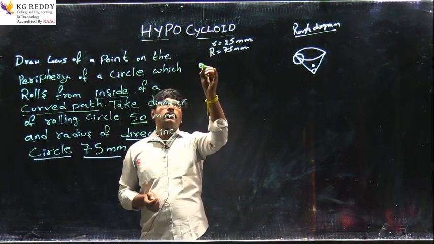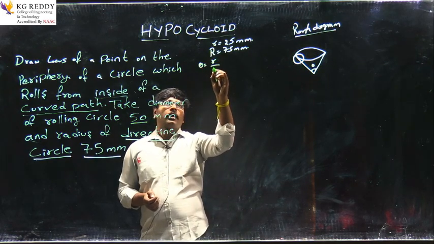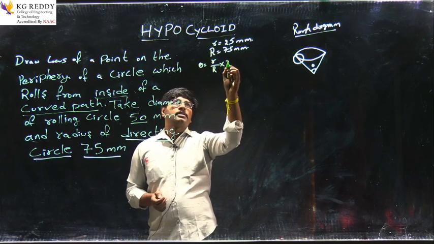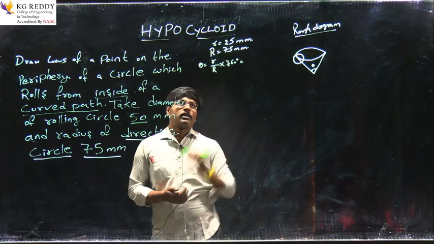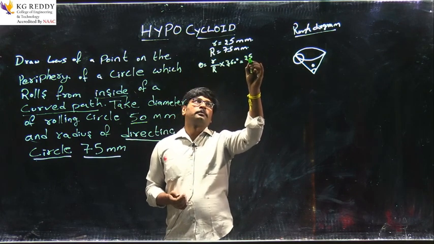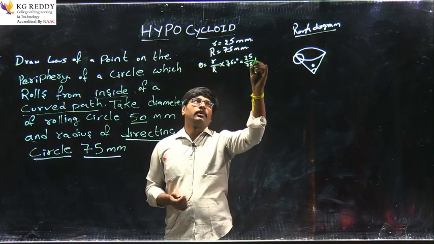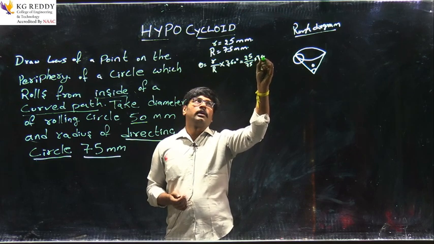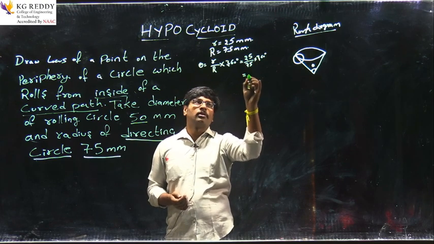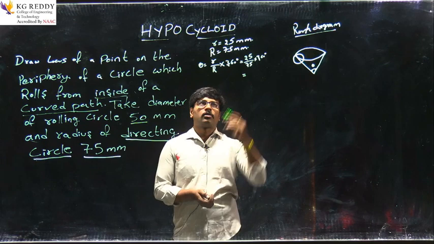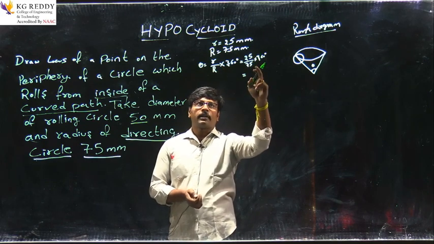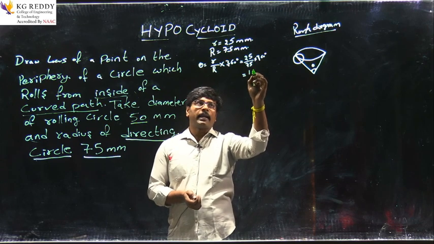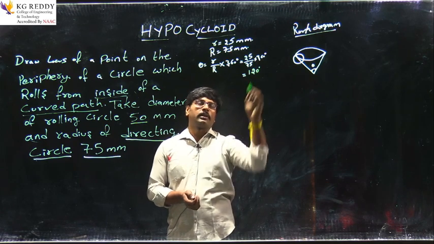So theta is equal to small r by capital R into 360 degrees. Small r is 25, capital R is 75, into 360 degrees. Then we get the angle as 120 degrees.